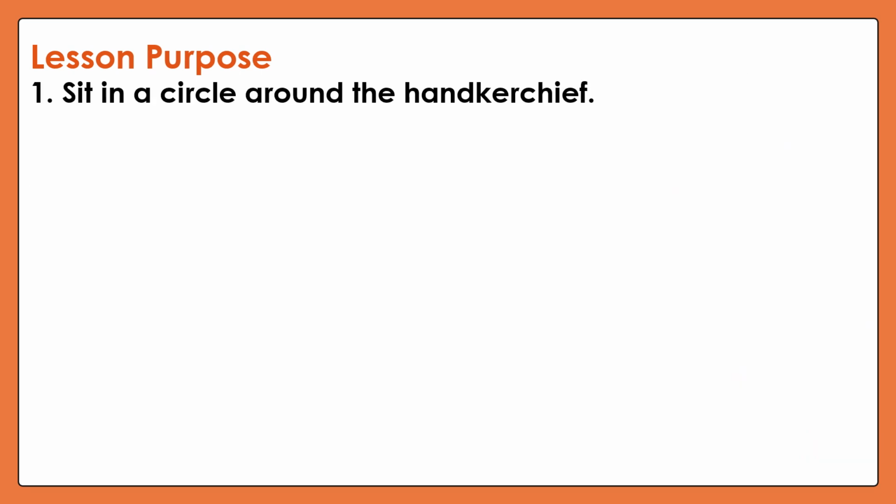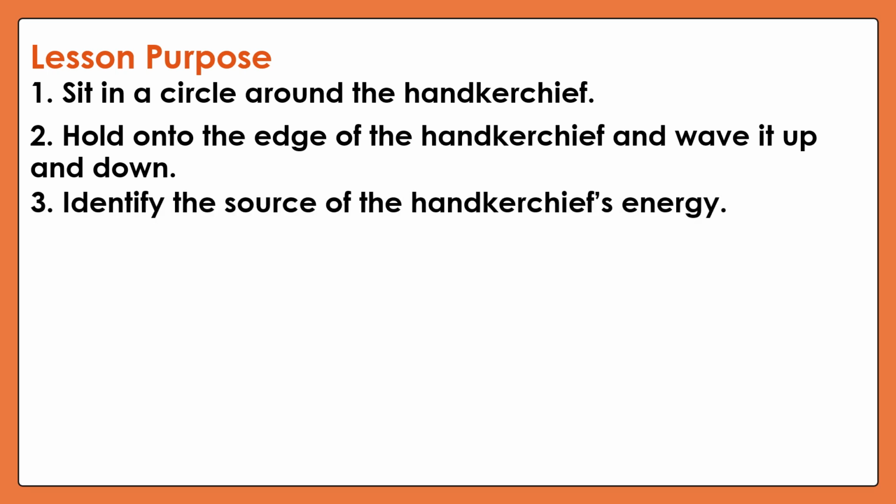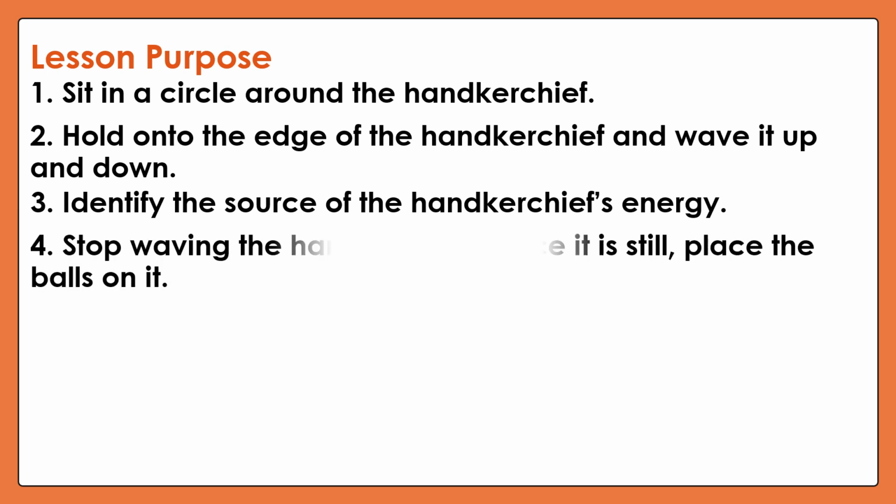Number 1, sit in a circle around the handkerchief. Number 2, hold onto the edge of the handkerchief and wave it up and down. Number 3, identify the source of the handkerchief's energy. Number 4, stop waving the handkerchief. Once it is still, place the balls on it.